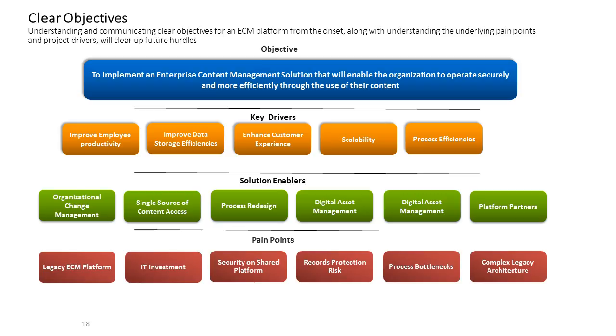The investment that has to go into it in terms of dollars and FTEs from an IT perspective, the security of the platform, the records protection risk. There are all these process bottlenecks that come from any compliance efforts and related items that lead to quality-related bottlenecks that should be considered and accounted for in an implementation.